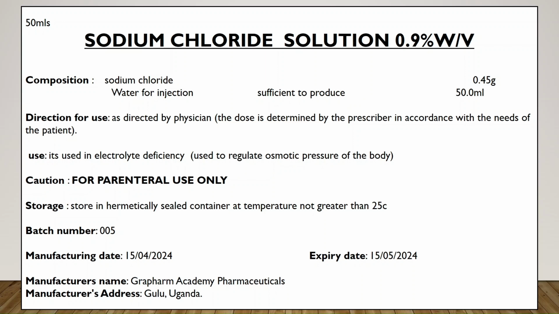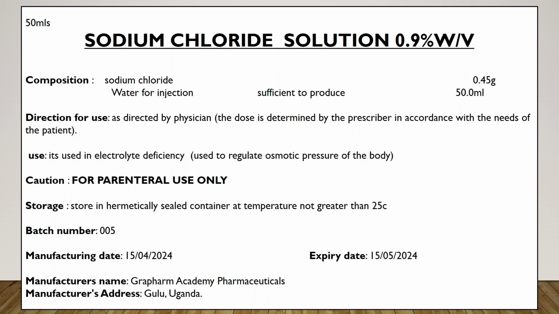The caution: for parenteral use only. Storage: store in a hermetically sealed container at a temperature not greater than 25 degrees centigrade. Batch number, allocate a batch, we have 005. Manufacturing date, we have 15th of April.